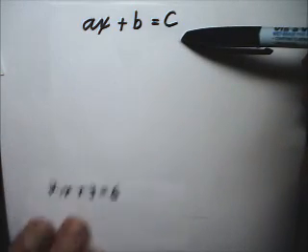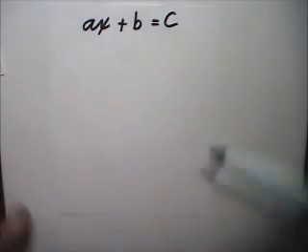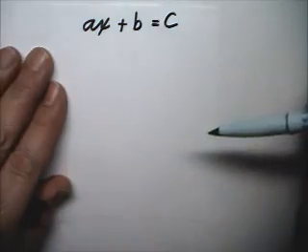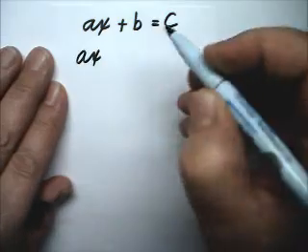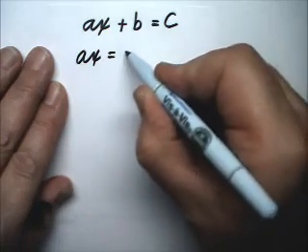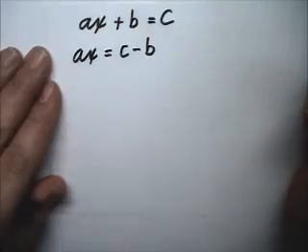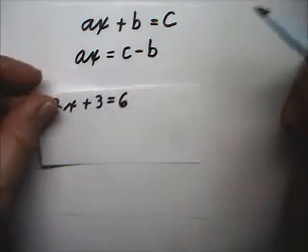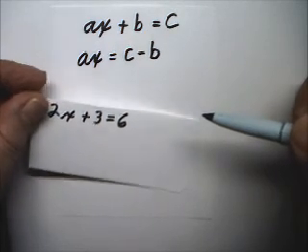So let me do this one step at a time and show you what we come up with. It's a little bit strange, but not too much. When we minus b from both sides, what I end up with is ax equals c minus b. In most other equations, we would just do 6 minus 3 is 3, and that would be that.